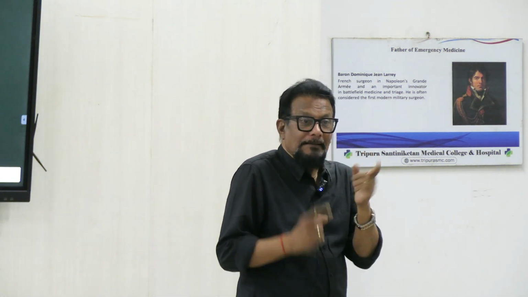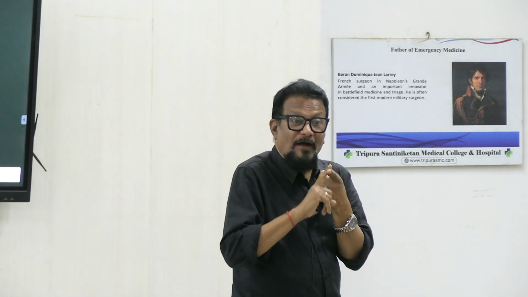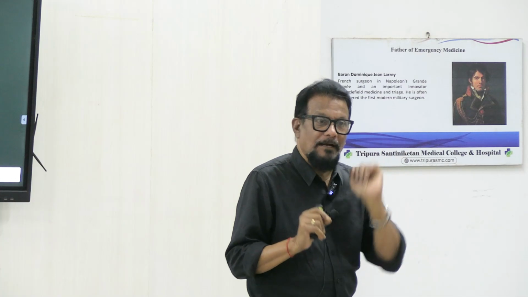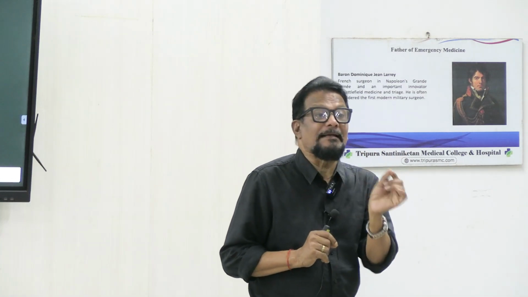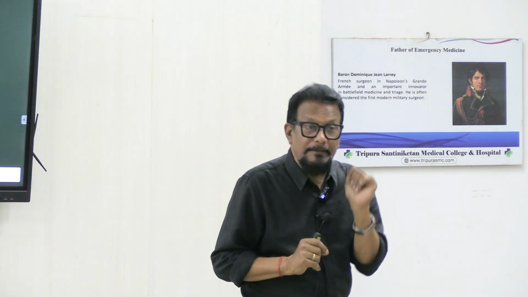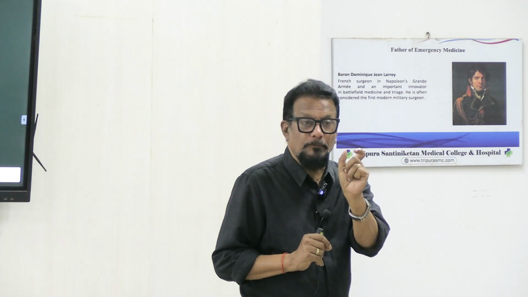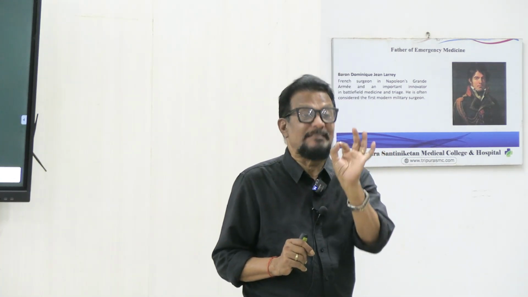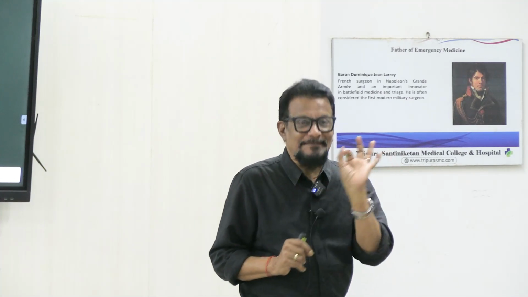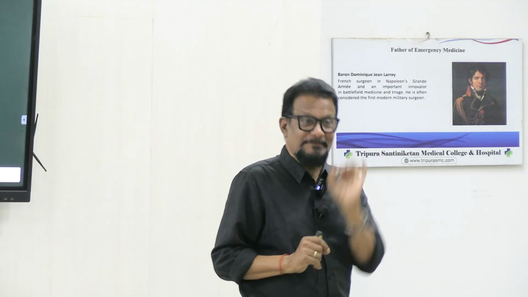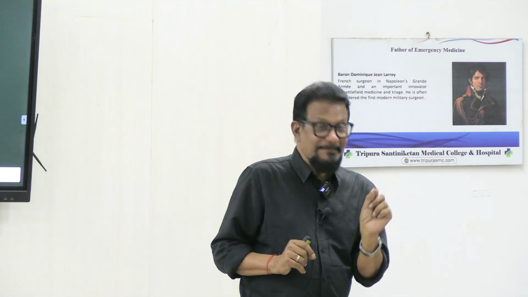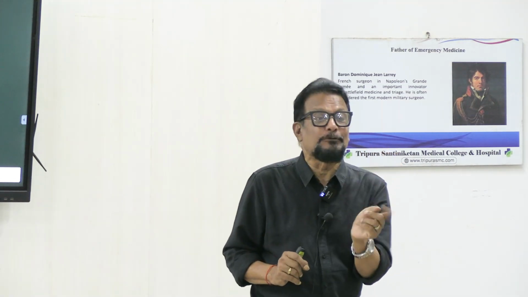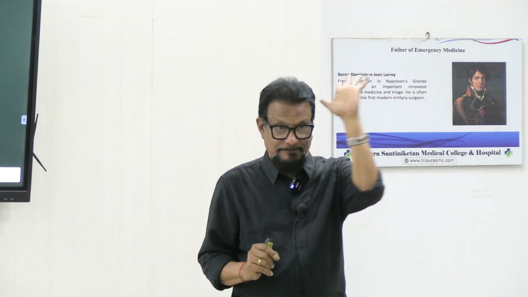Now in the blood, it will find a protein in the plasma. What is this protein? It is an alpha globulin. And what is this alpha globulin? It is called angiotensinogen. Now, this renin will convert this angiotensinogen into angiotensin 1.